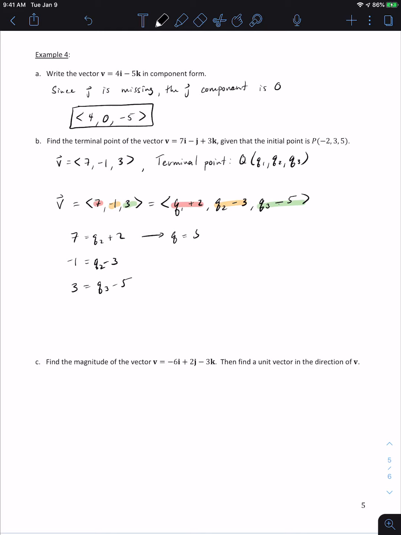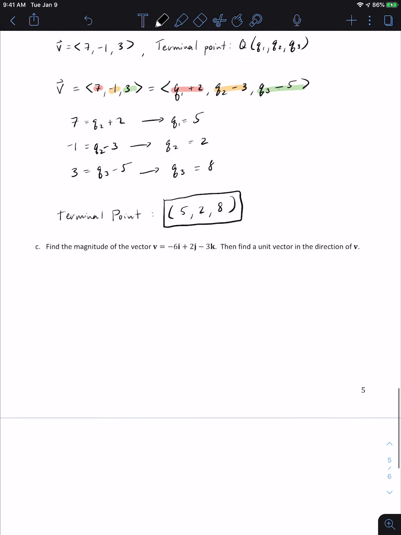Q2 is equal to, if I add 3, I get positive 2. And Q3 is equal to, if I add 5, I get 8. So my terminal point is the point Q1, Q2, Q3, so 5, 2, 8. So that is my terminal point here, 5, 2, 8.